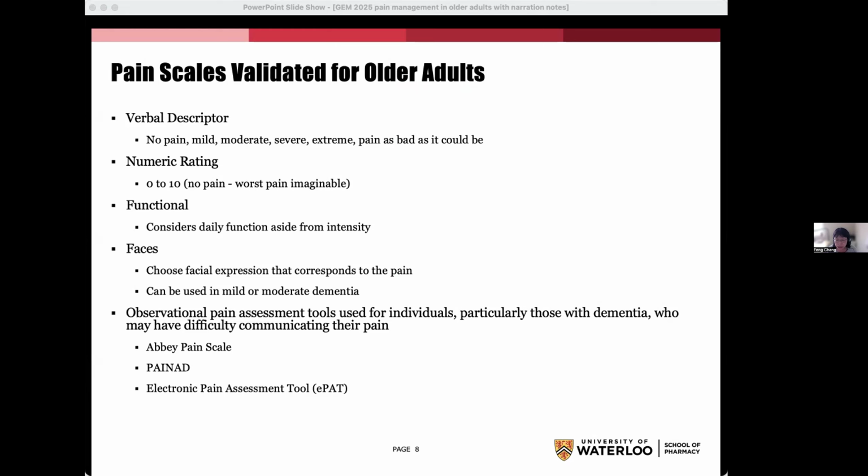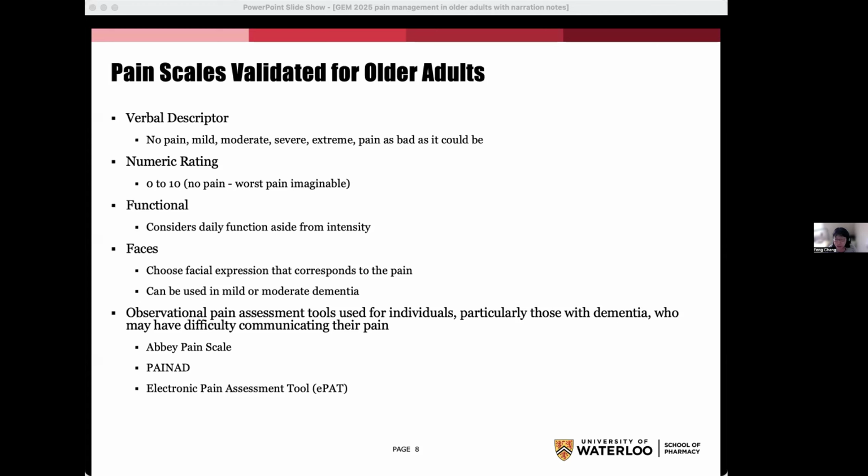So the numeric rating scale and faces can both be used in moderate dementia. There's also a functional pain scale that can be useful for patients who say, well, I don't know what a 4 is, right? I don't know what a 6 is, or what the difference is between a 5 and 6. So if they find challenges with giving it a number, you can use a functional pain scale.